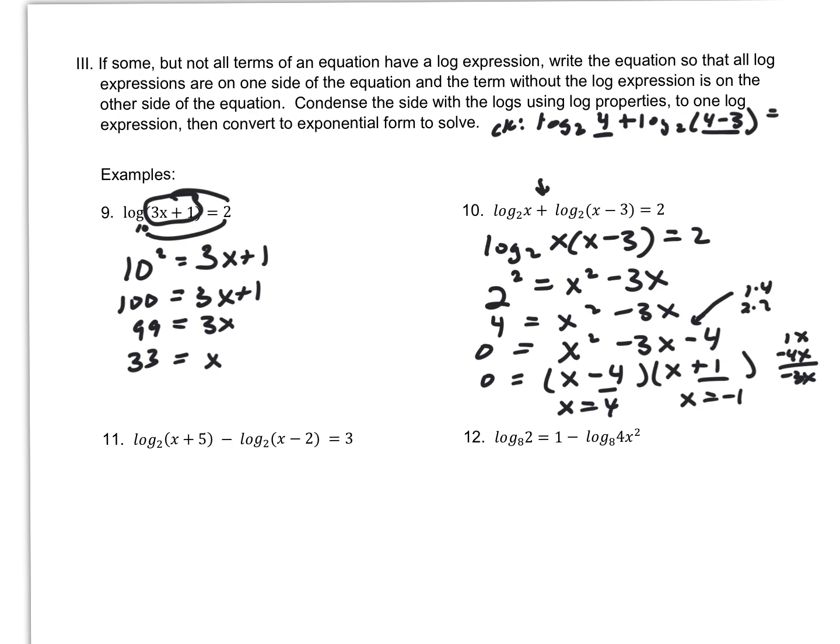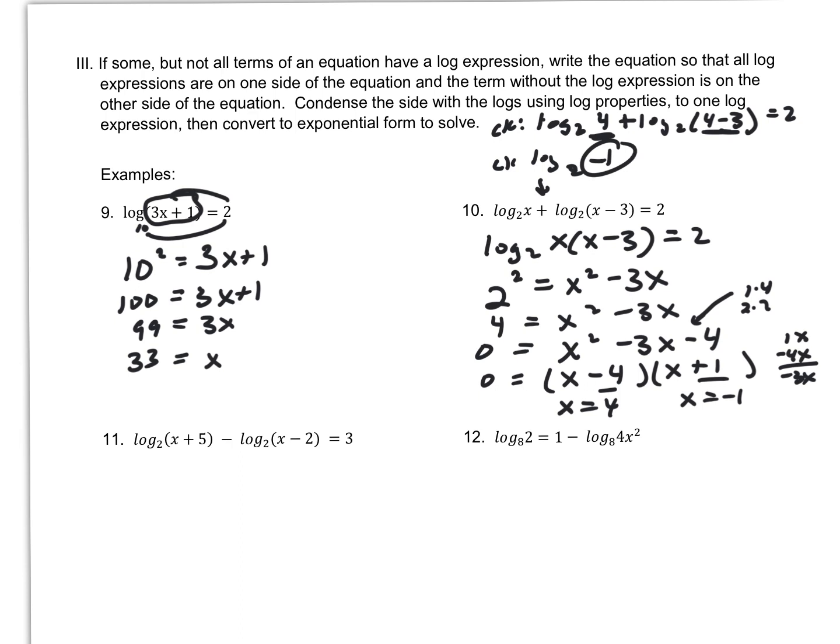Because it's hard for me to go through actually evaluating log base 2 of 4 and log base 2 of 4 minus 3, I don't think I'll have time for that. So what I really want to do is make sure that you know that both of those are positives. Now let me check the other answer, which was a negative 1. Right there, it doesn't check.